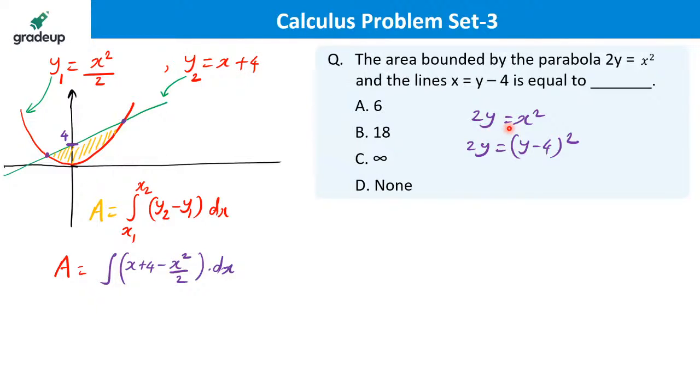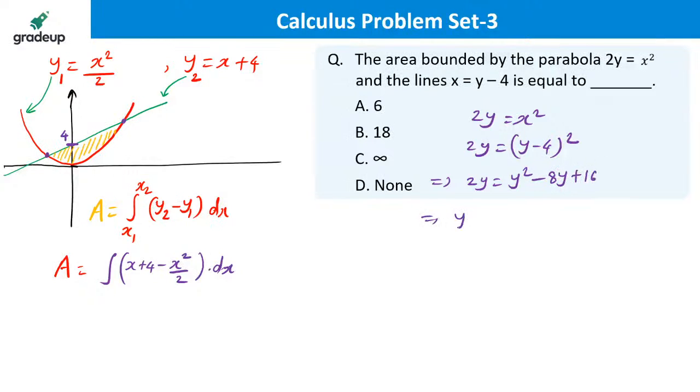So 2y equal to x square, 2y equal to y minus 4 whole square. So y square minus 2ab, that is 2 into 4 into y, which is 8y, plus 16.